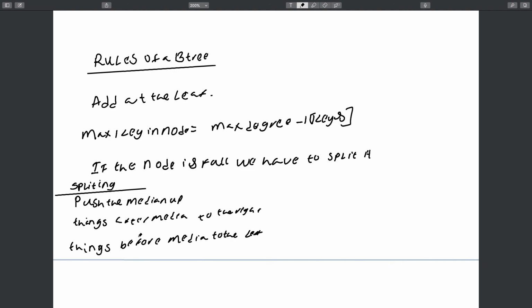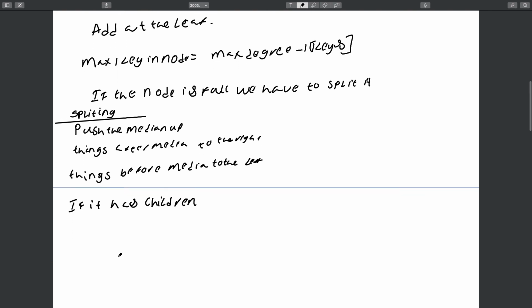So if you have 5 children, 5 divided by 2 is 2, so 2 of them go to the right and the rest go to the left. Half of it to the right, the rest to the left.